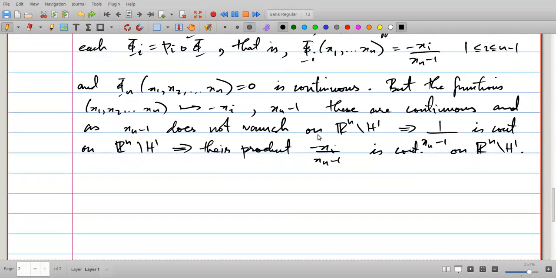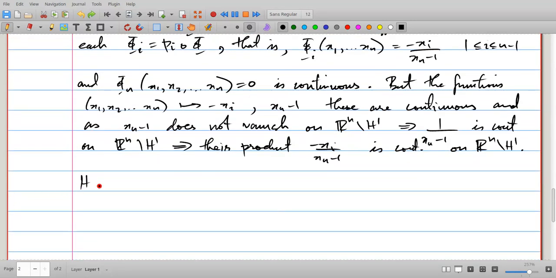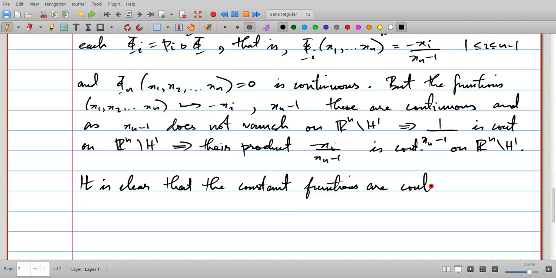And finally, it is clear that constant functions are continuous. So thus phi n, which is the constant map, is continuous.